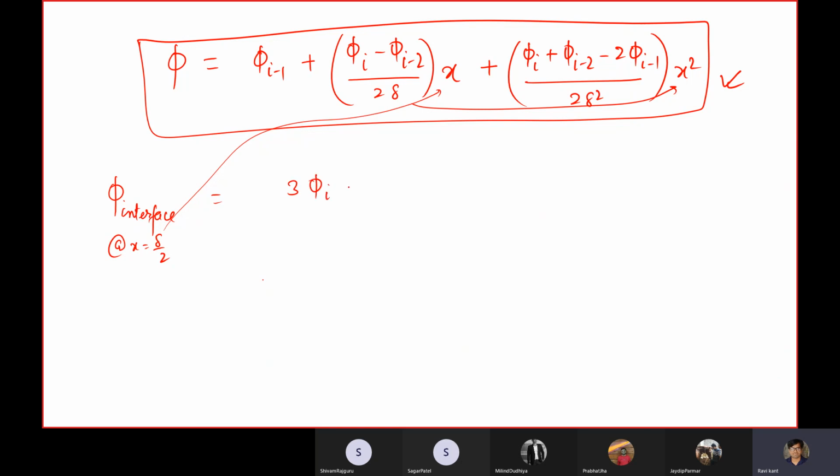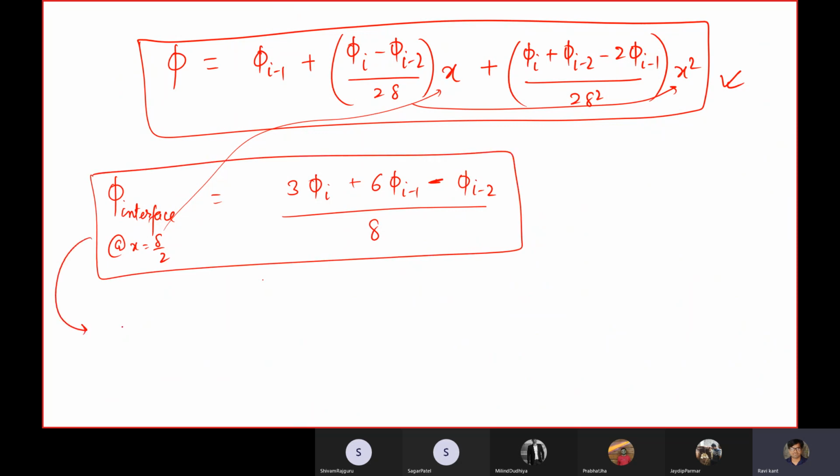3 phi I plus 6 phi I minus 1 minus phi I minus 2 divided by 8. So in general, I have estimated the face value at the west face.